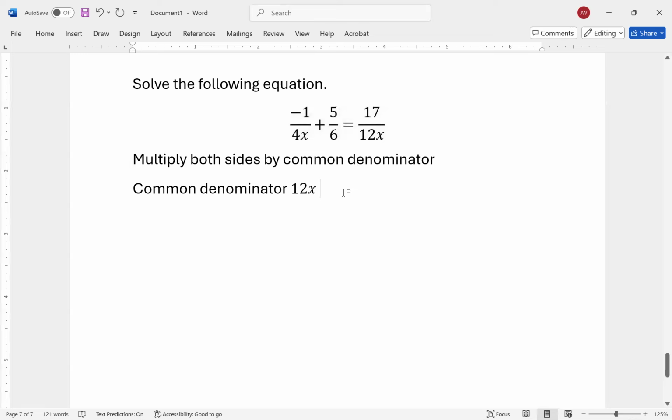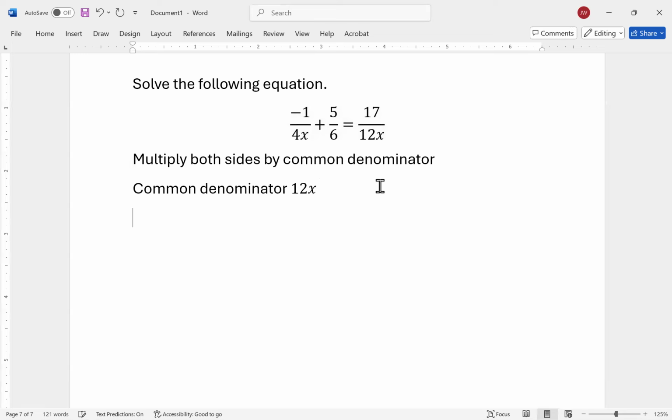So if I multiply everything by a 12x on the left and right, I will get rid of my fractions. By the way, when in doubt, you can always do this by hand. Just ask yourself, what do I need to multiply to get rid of 12x, 6, and 4x? It has to be divisible by 4, divisible by 6, and divisible by 12, and obviously have an x in it.